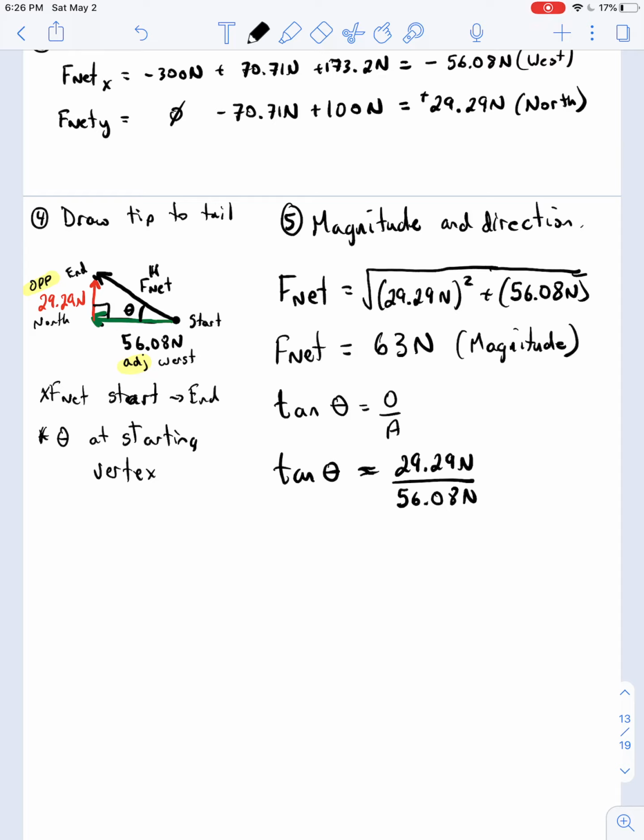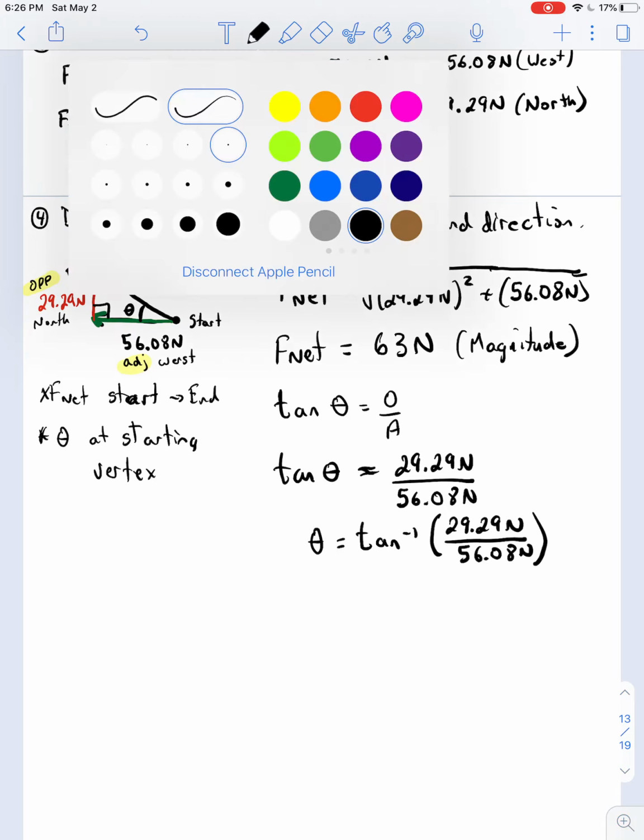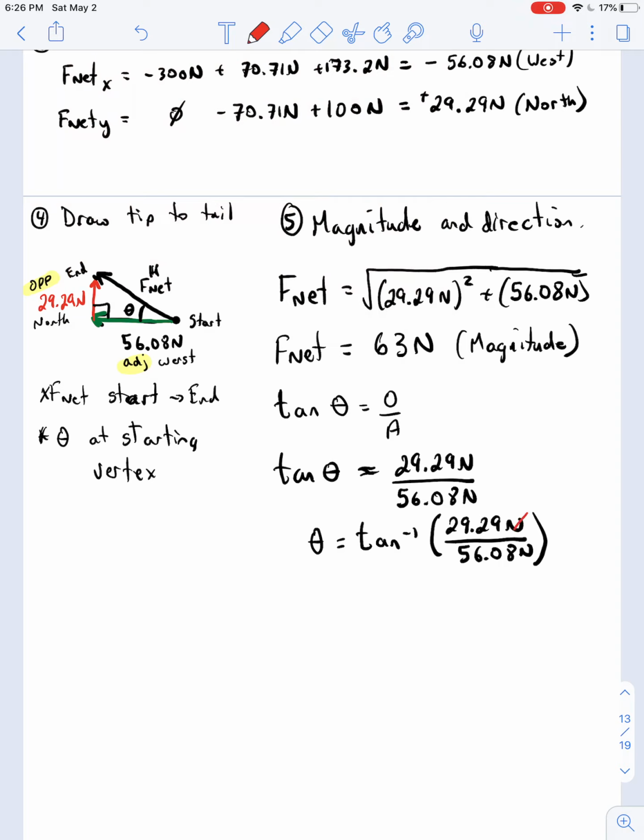So once I have the ratio, then I can use the inverse tan of both sides. The inverse tan function, or arctan as it's called, then would be of this ratio, 29.29 newtons and 56.08 newtons. It's important to note that these two units have to be the same.